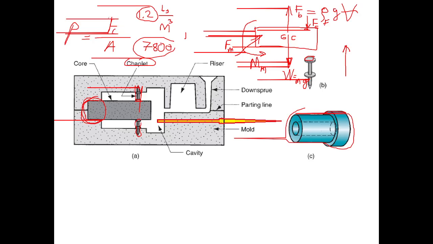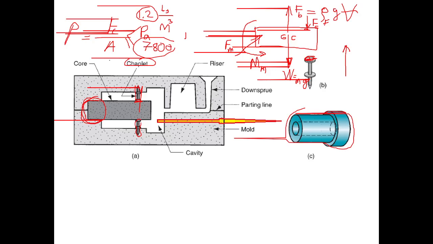The force divided by this contact area is the surface pressure here. If the surface pressure exceeds the limiting value for the core material, we have an allowable surface pressure. If the surface pressure is less than or equal to the allowable surface pressure, then that is okay. The core will not be damaged under the action of such a force.